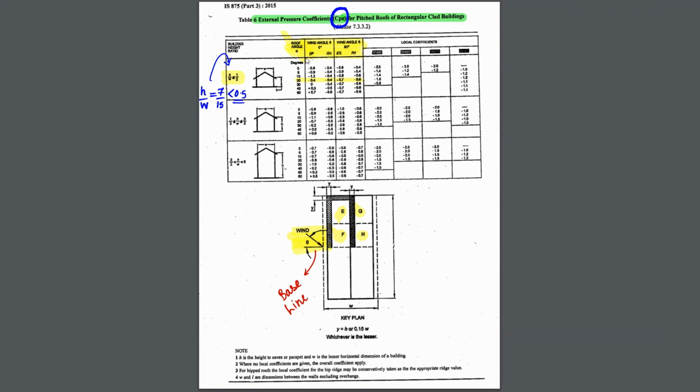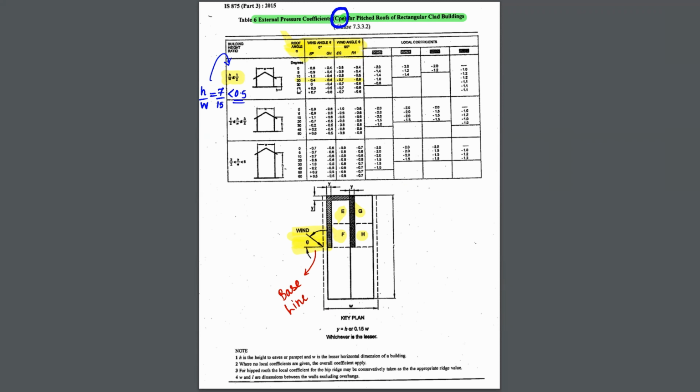Then step number 2 is to get the roof angle from your problem statement. Since my roof angle is 18 degree, my values will lie between 10 to 20 degree. I am assuming 20 degree for simplicity. You can go for linear interpolation for more accuracy.